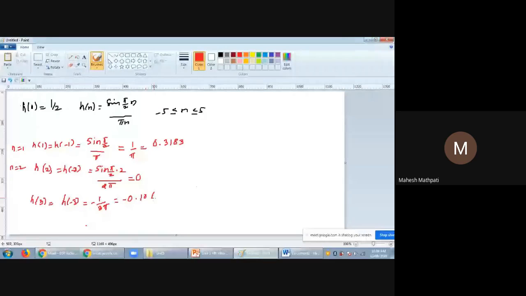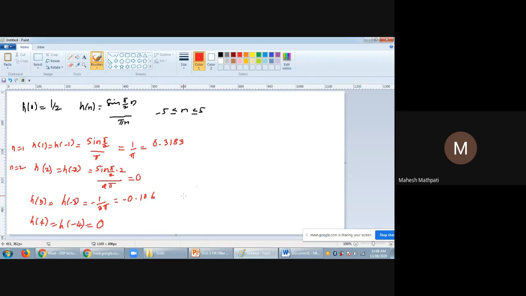Then next, h of 4 equals h of minus 4 equals 0. Yes, it is 0.